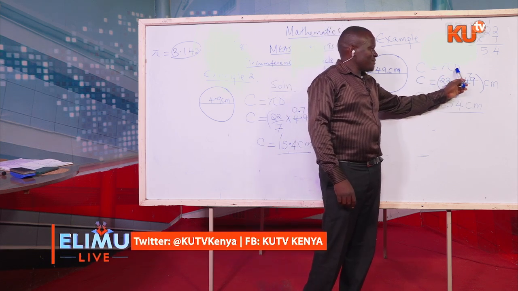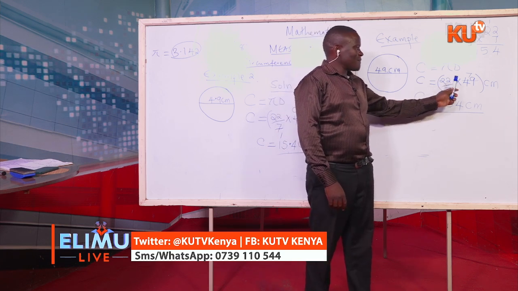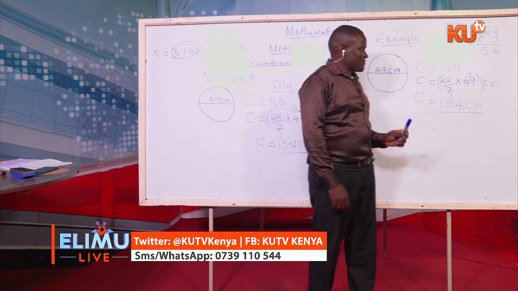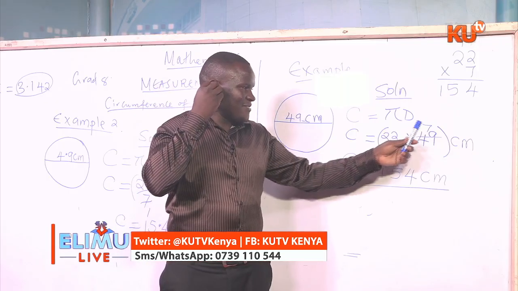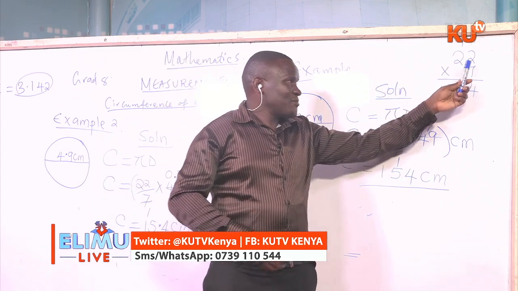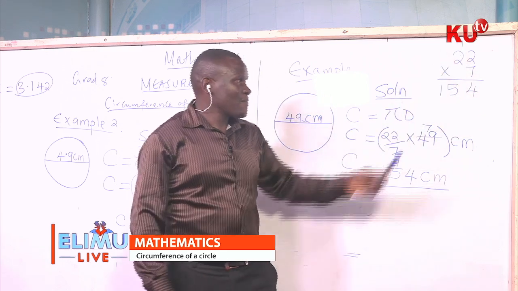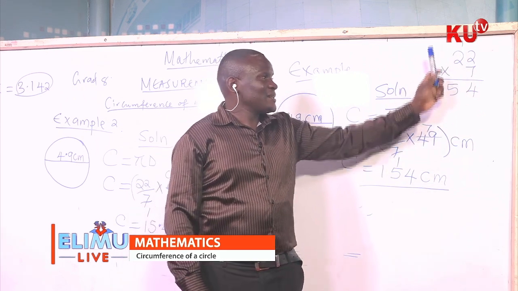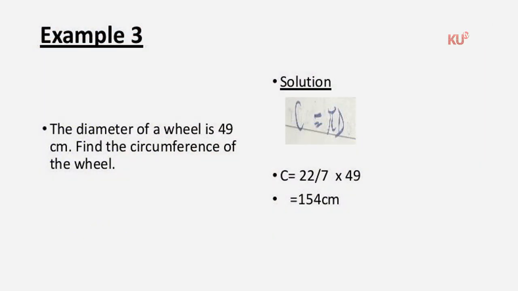We multiply by diameter, which is 49, and 7 will go into 7 once, into 49 7 times. So when you multiply 22 by 7, 2 times 7 is 14. We carry 1. 2 times 7 again will be 14. When you add to 1 that was carried, we get 154. And that lands us to the answer as 154 centimeters as the circumference.